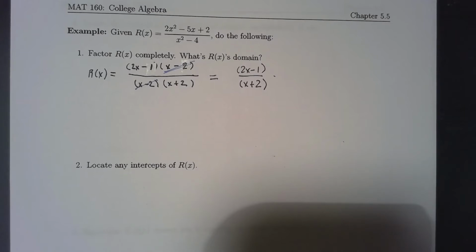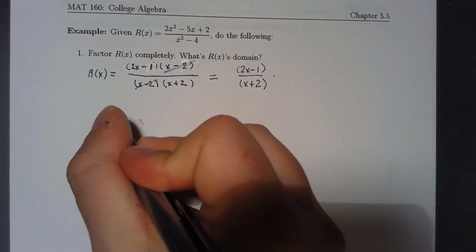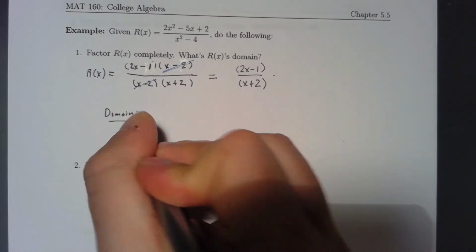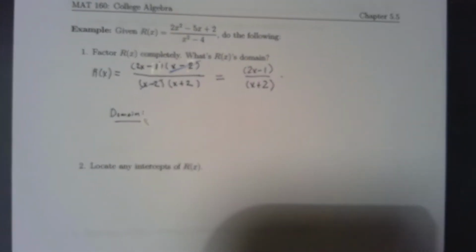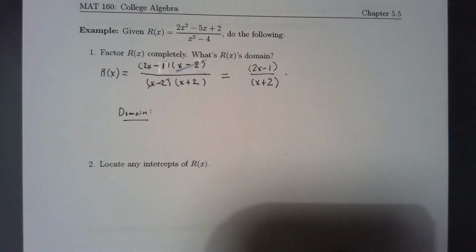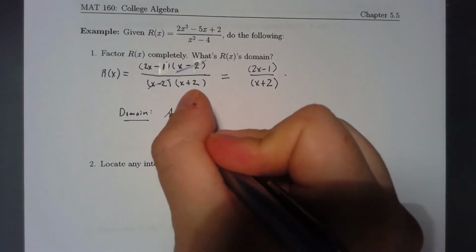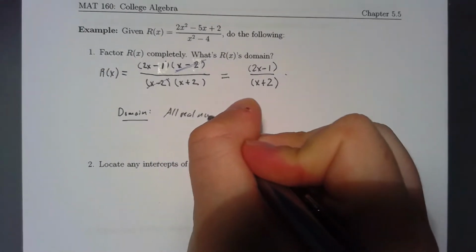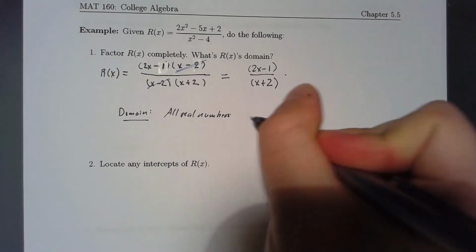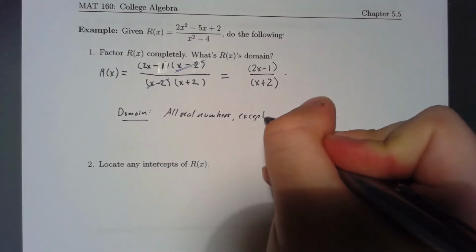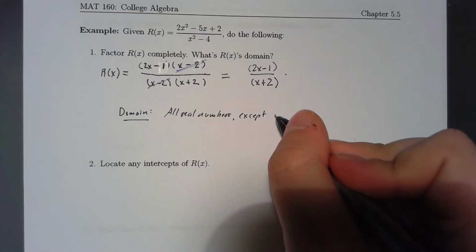Okay. What's my domain? So the domain is going to be all real numbers except where the denominator equals 0.